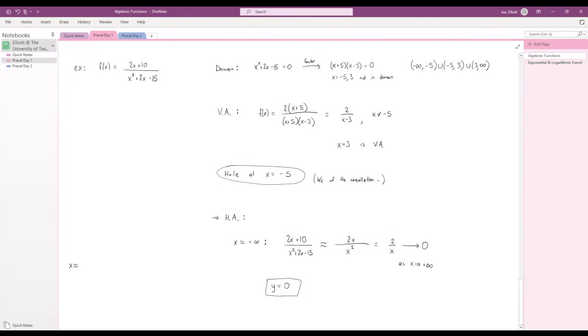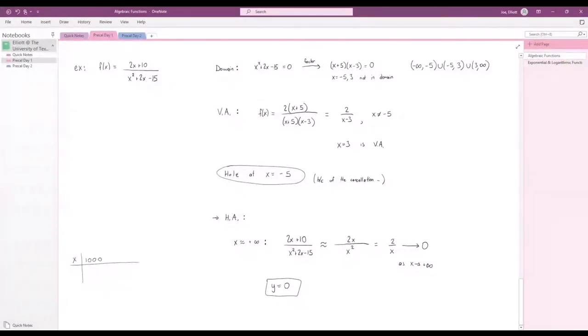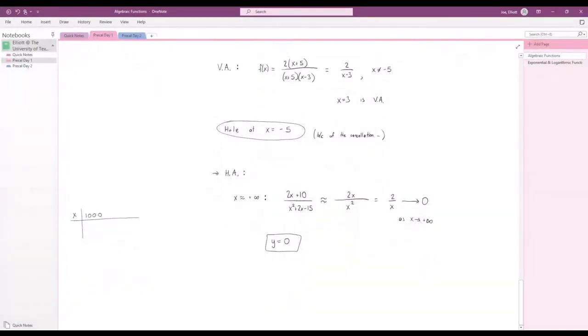Here, maybe think about what's happening if you plug in really large numbers for x. I'll do one example right now. Let's say when x is 1,000. Think about what's happening to the function if you try to plug in 1,000 for x.